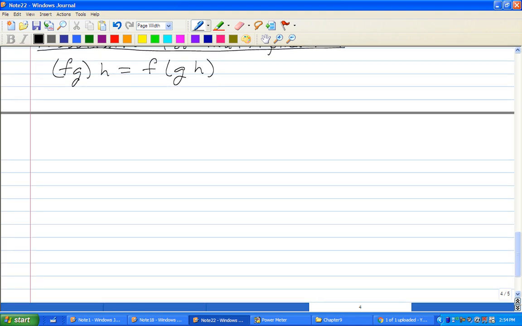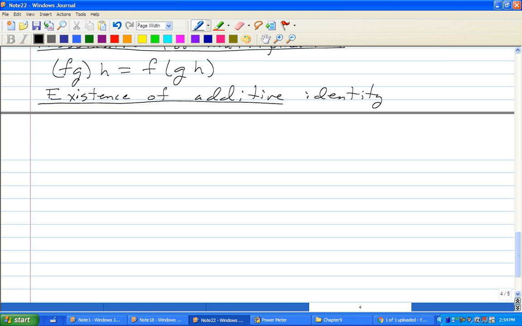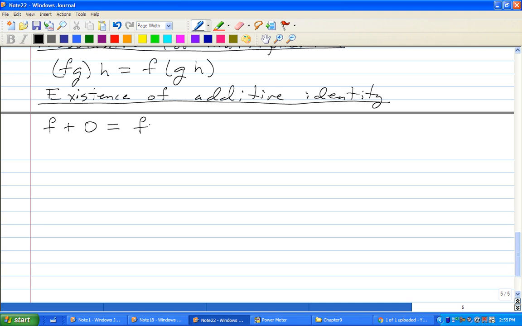We have the existence of an additive identity. So there exists some function, the additive identity, such that for every function f, f plus the additive identity is just equal to the original f.